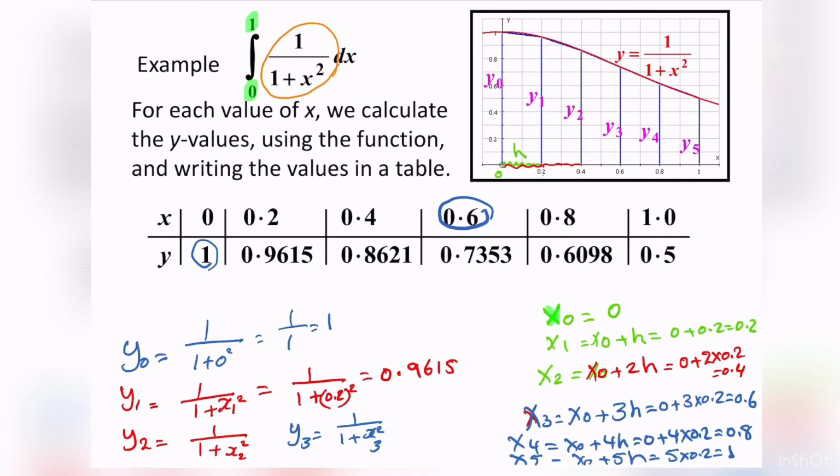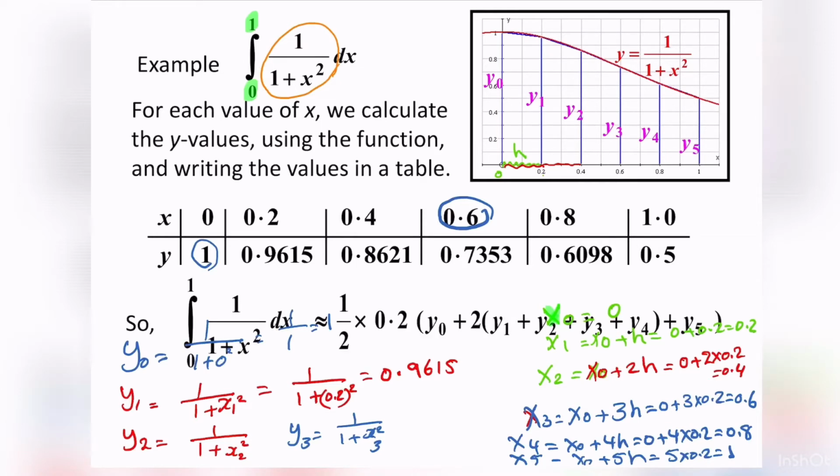So I hope that you now know how to substitute. Check these values and you should get these values in the table. All right, so to write the trapezium rule itself, we don't need the values of x. We don't need to put them in the formula of the trapezium. We just use them to find the y.